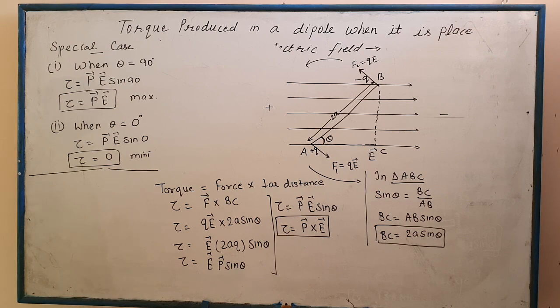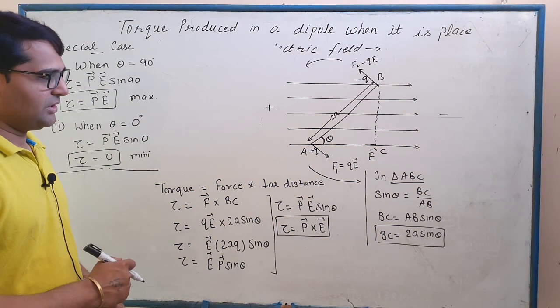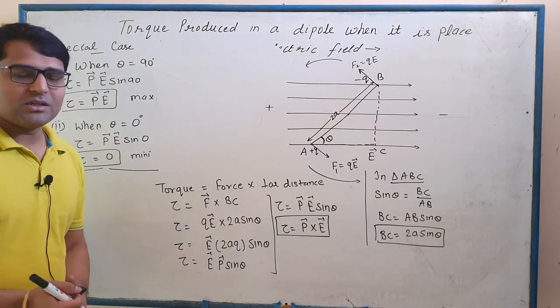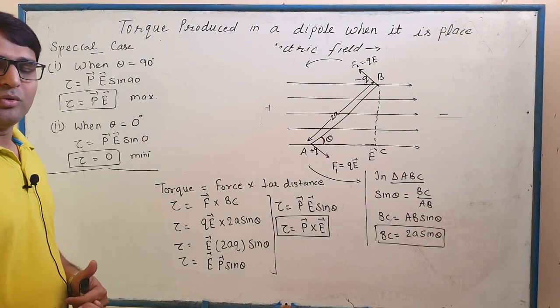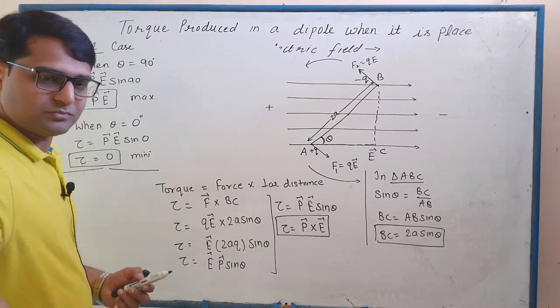Okay. The next article depends on the same thing, the same result, and the article is the potential energy of a dipole when it is placed in a uniform electric field.